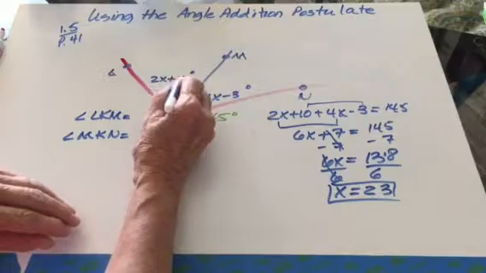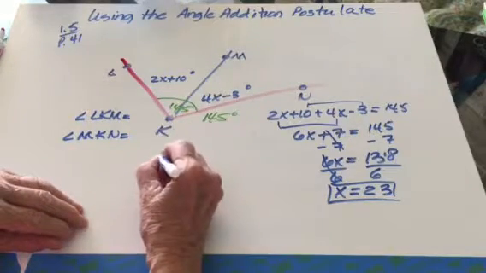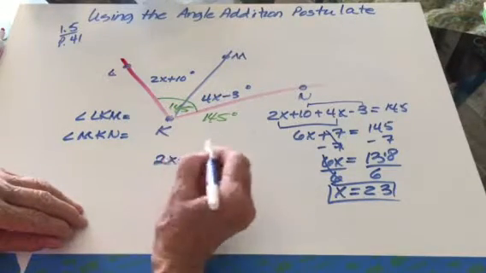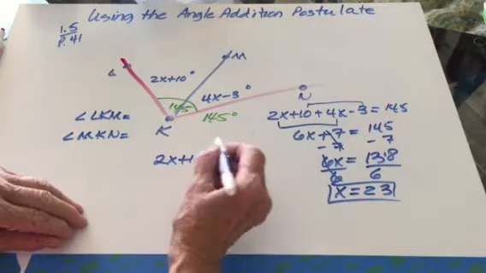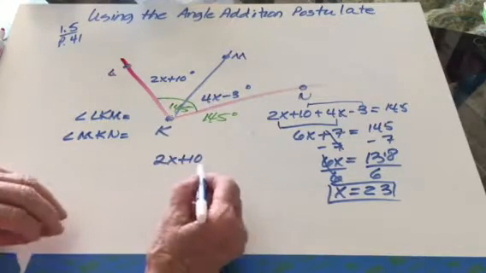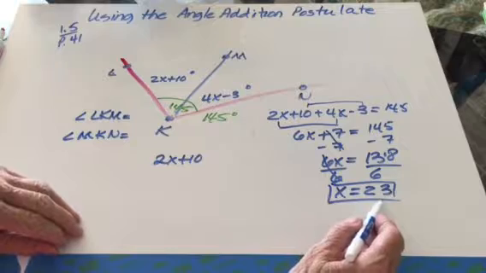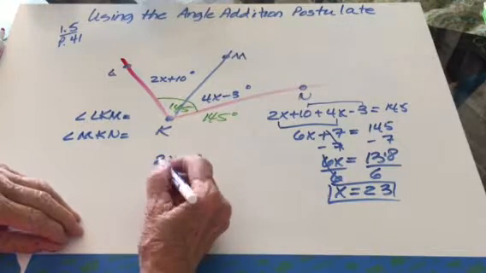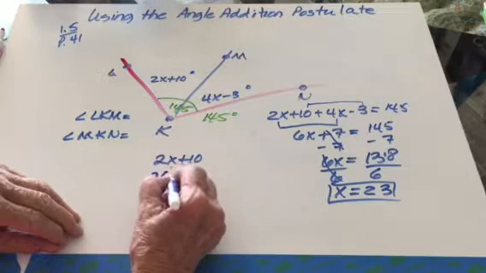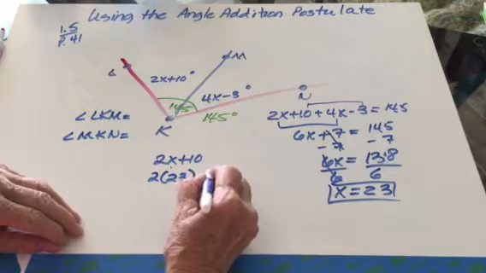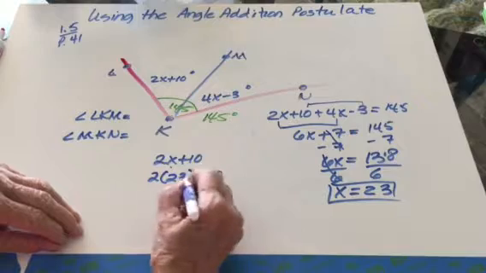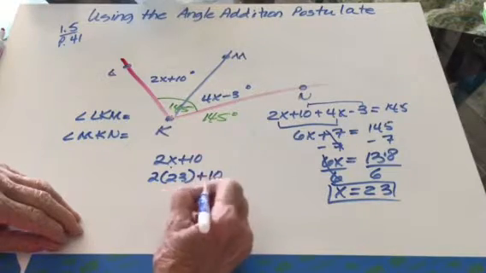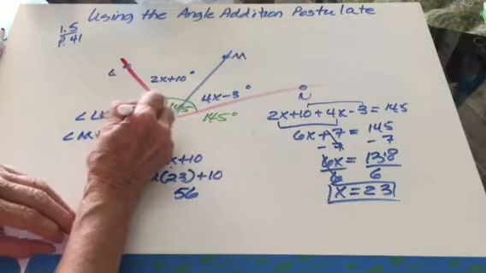Well, I know that this is 2x plus 10, but how big is that? I have to take the 23 and substitute it back. It's not 2x anymore. It's 2 times 23 plus 10. 46 plus 10 is 56. So I know that this guy is 56 degrees.